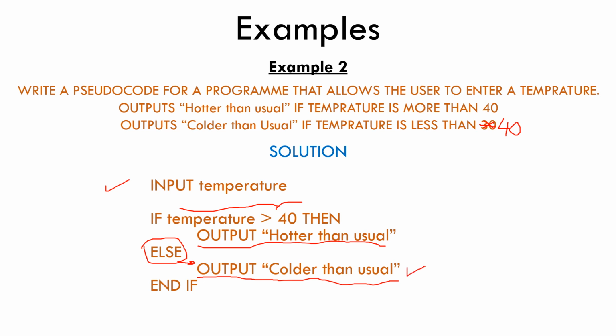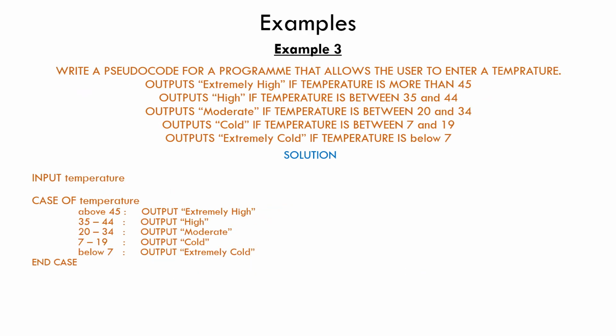Alright, so we now move towards example 3, and this example is more interesting than the first two examples. Now you get more options. You allow the user to enter the temperature. And if the temperature is more than 45, you can say it is extremely high.